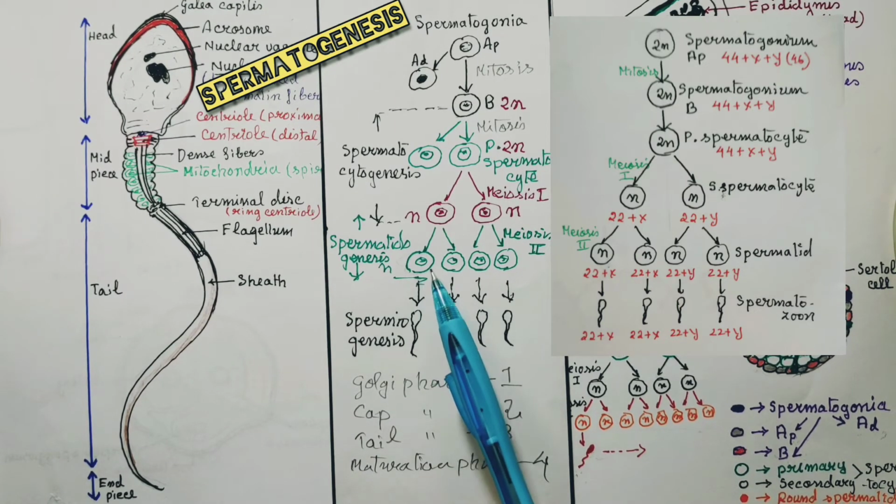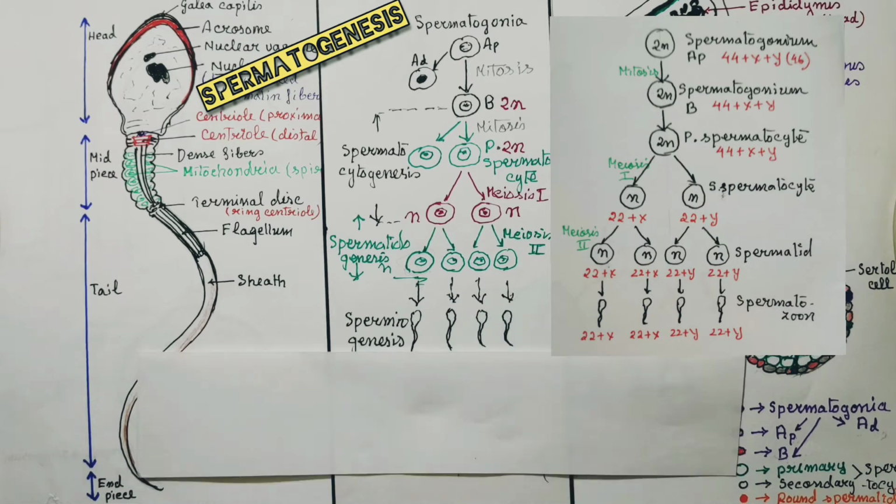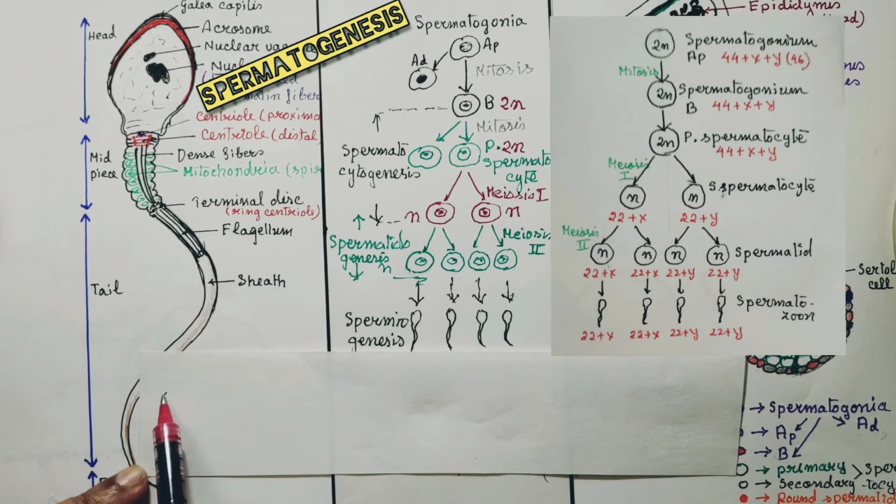In the Golgi phase, the round spermatids start developing polarity. It forms a head part at one end. Let's draw them to have a clear understanding. This is your spermatid, more or less symmetrical.